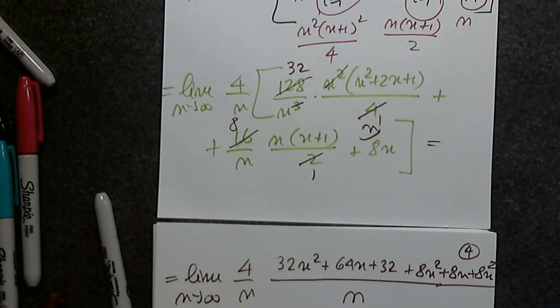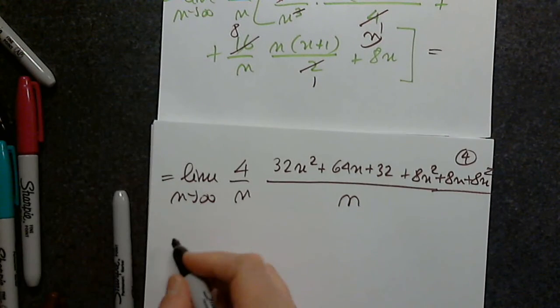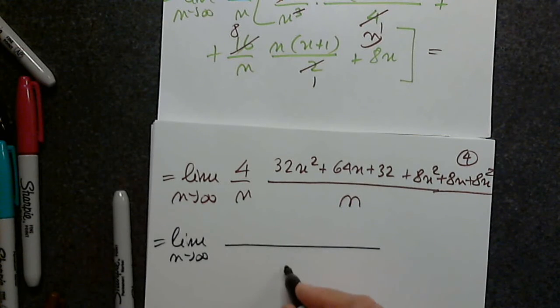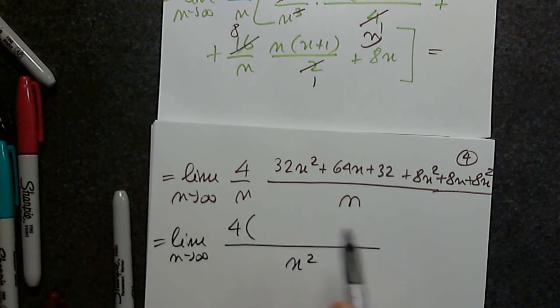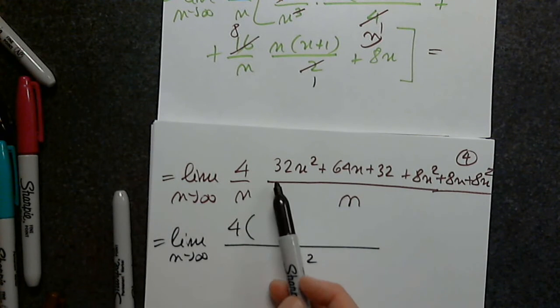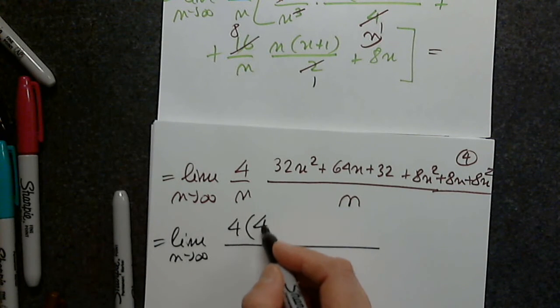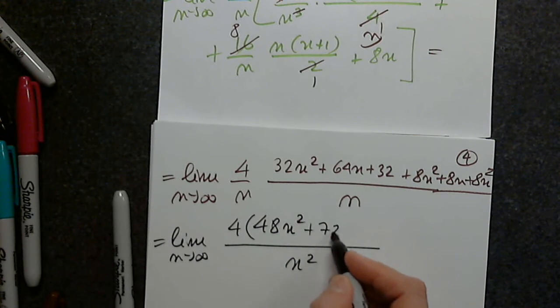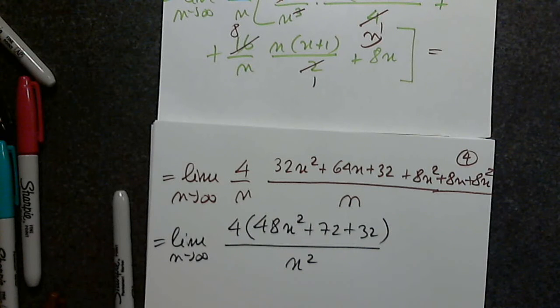At this point, I will rearrange everything in descending order. So this is the limit as n approaches infinity. 4 is outside, it can wait patiently. 8 plus 8 is 16. 16 plus 32 is 48. The 64 plus 8 is 72, and plus 32.